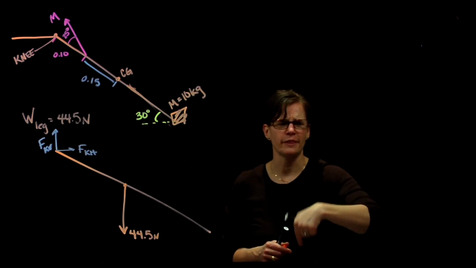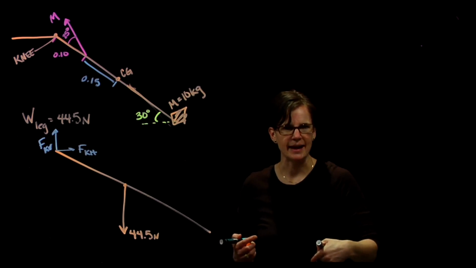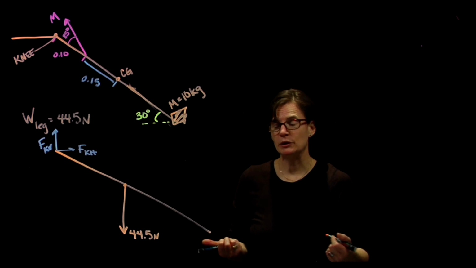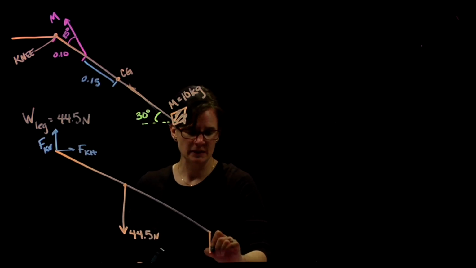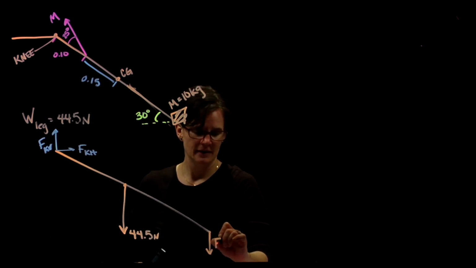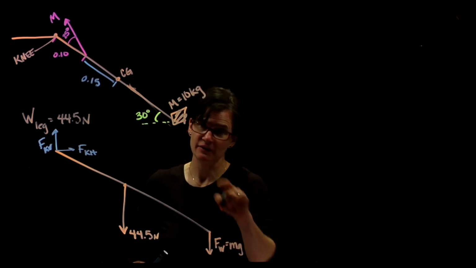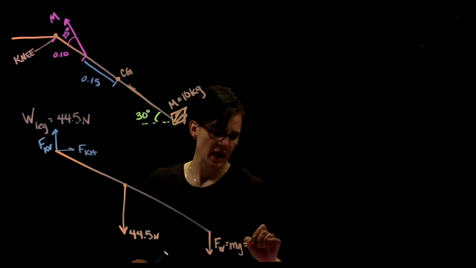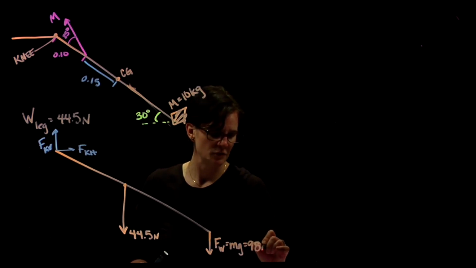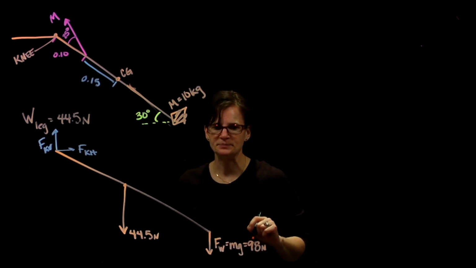That's pushing down on the foot, which is attached to the leg. So the foot's experiencing a force, and it too is experiencing the force of the weight of that mass. So that's mass times gravity of this mass. So that will be 98 newtons, 9.8 times 10.